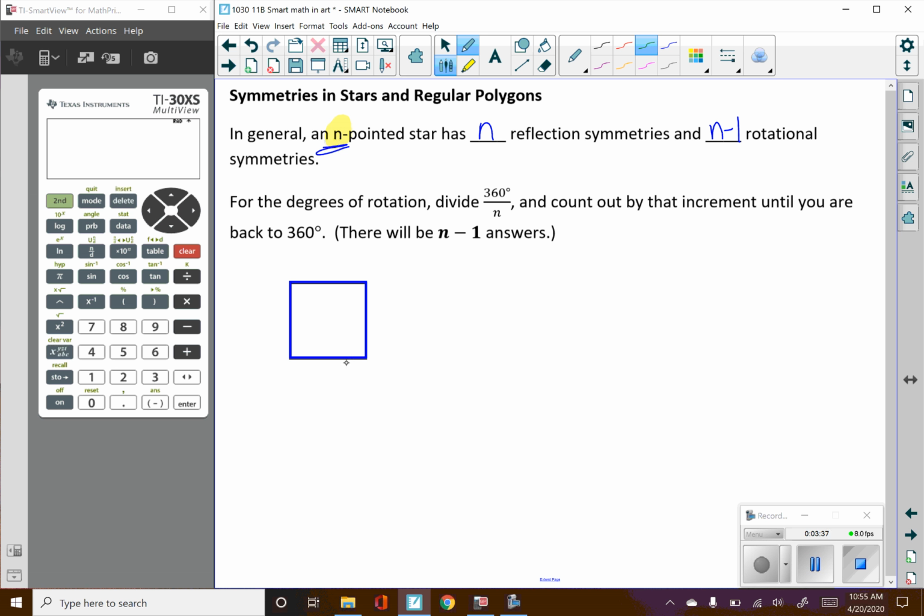We're going to do this square shape first, and then we'll do a star. This is a four-sided shape, or four-pointed shape, so that's our n. It's going to have n equals 4 reflection symmetries.